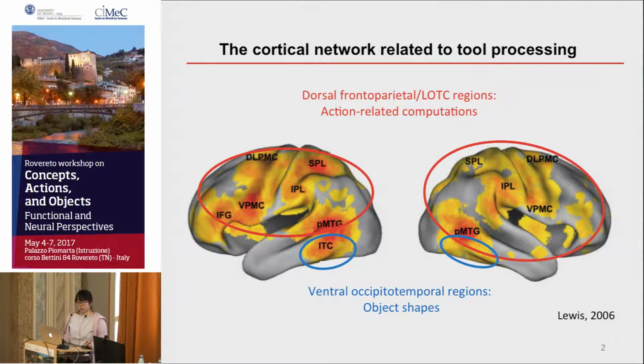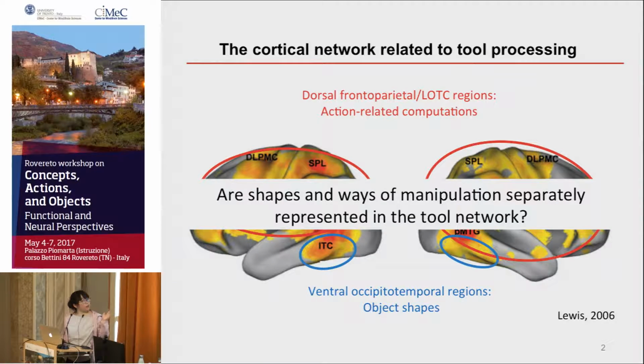For tools, the shapes and their ways of manipulation are highly correlated, so it remains inconclusive whether shapes and ways of manipulation are separately represented in the two areas. So the aim of our study is to disentangle these two properties in the tool network.